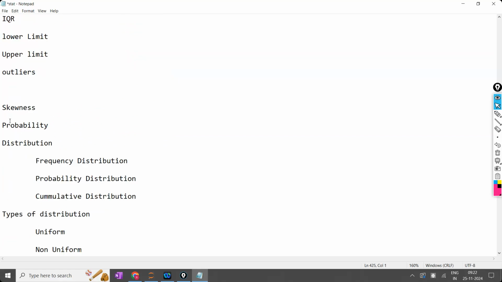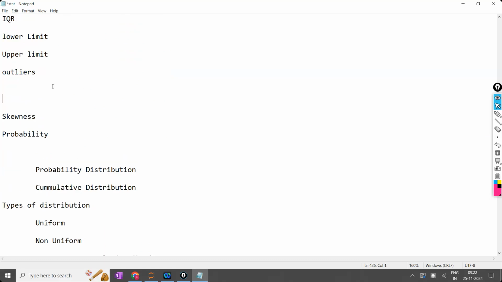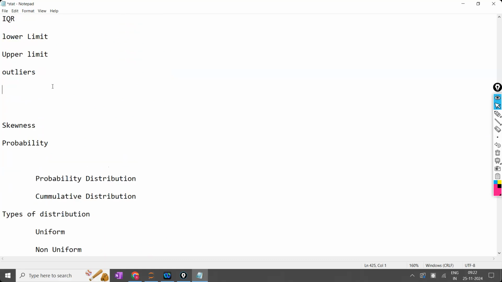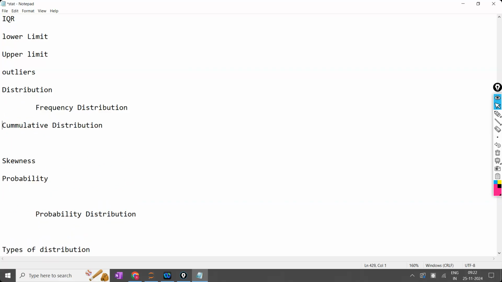After completing this, I discussed the distribution. In the distribution, I told you about the frequency distribution, and within that, discrete frequency distribution and continuous frequency distribution, and even cumulative distribution.